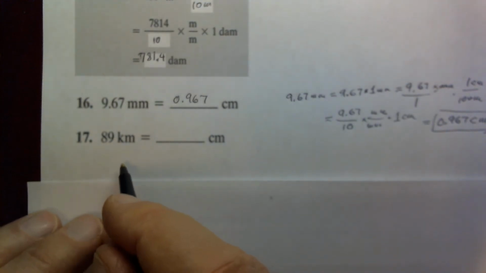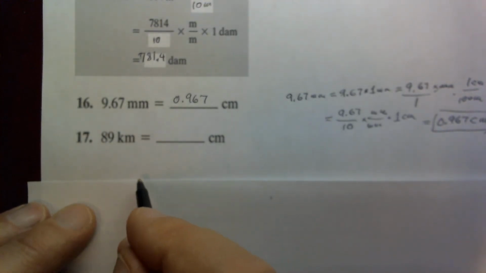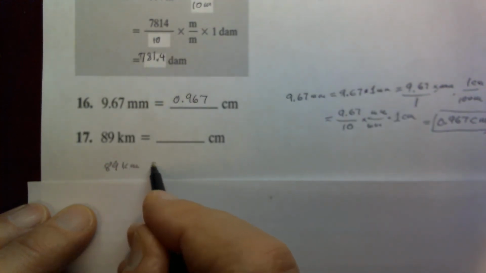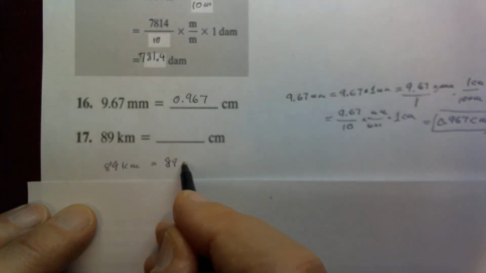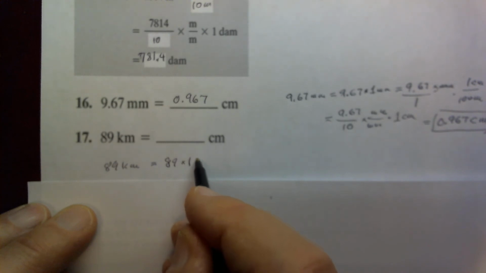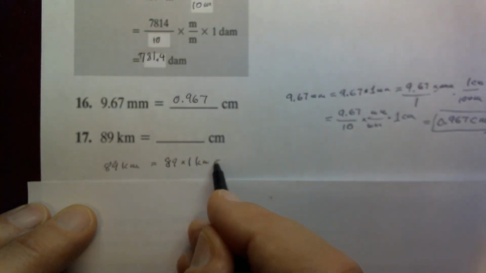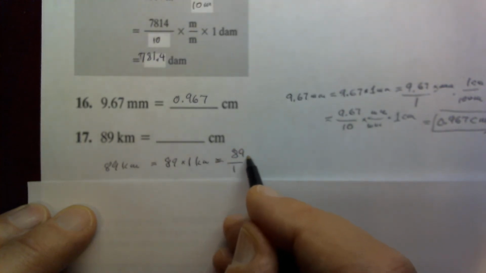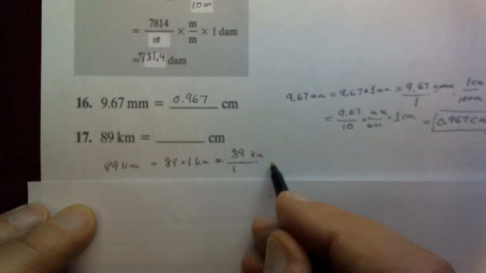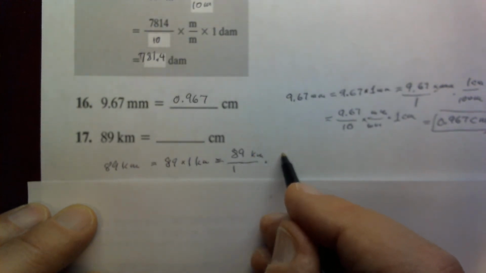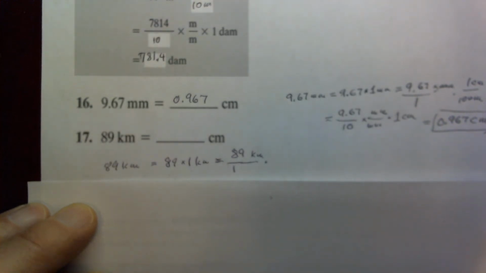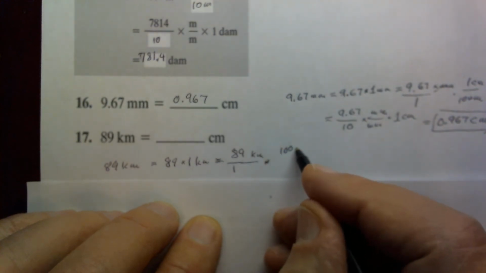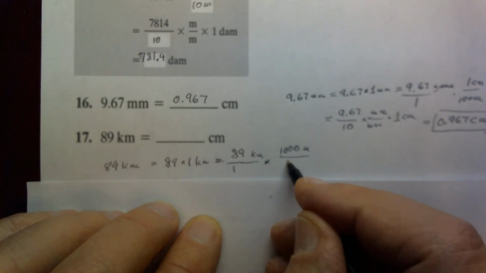In number 17, we write 89 kilometers. It's equal to 89 times 1 kilometer equals 89 divided by 1 times 1,000 meters per kilometer.